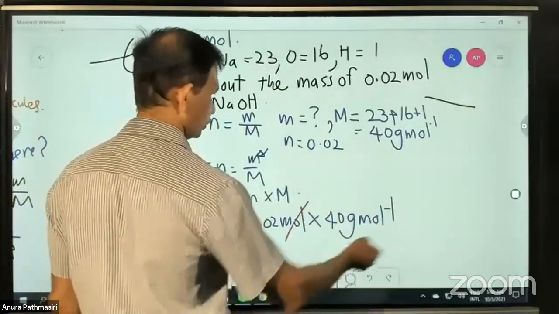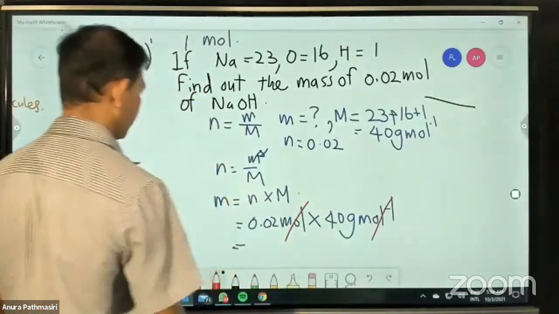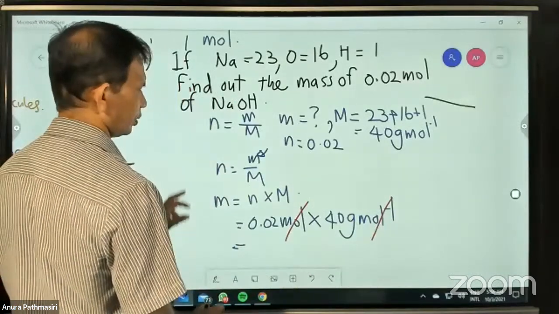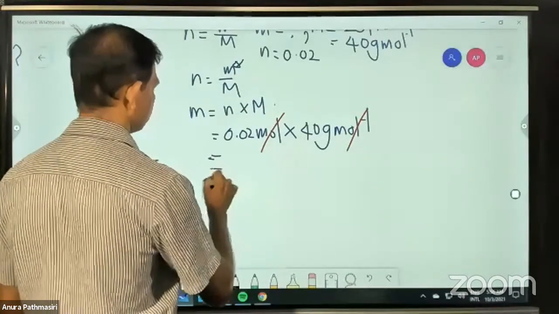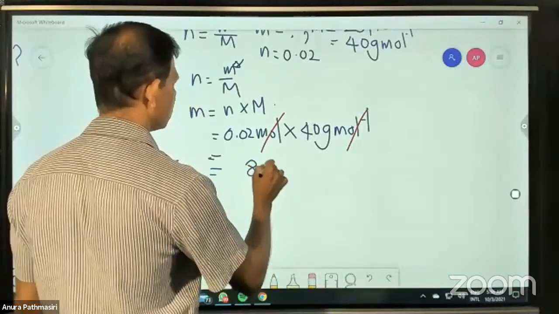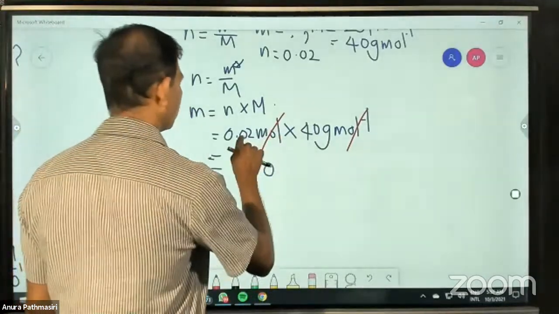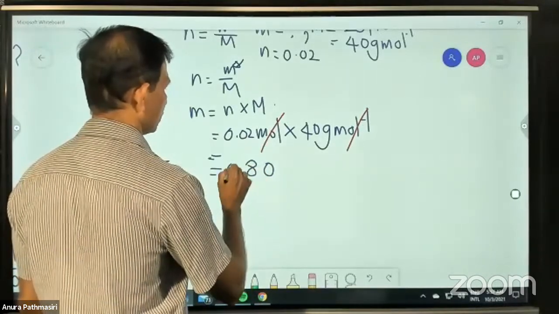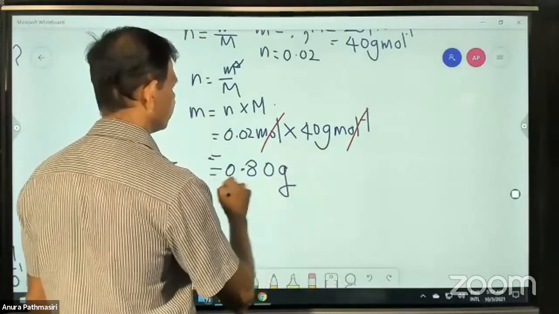Mole per mole cancels, and 40 multiplied by 0.02. What's the answer? 40 times 2 is 80, and the number of decimal places is 2, so you have to get 2 decimals. That means 0.8 grams. Am I correct?